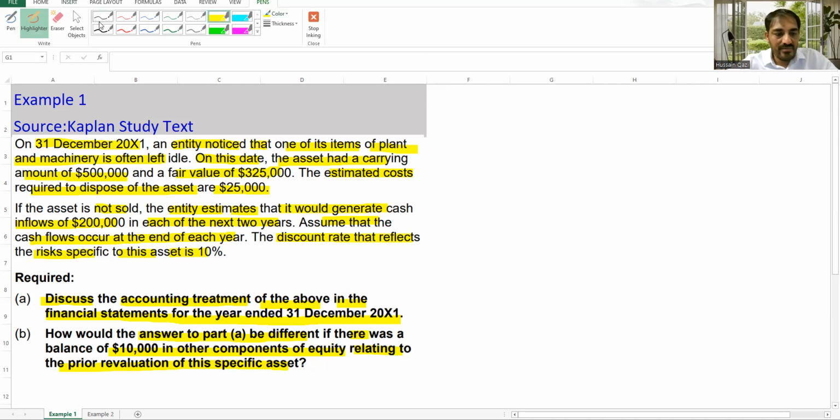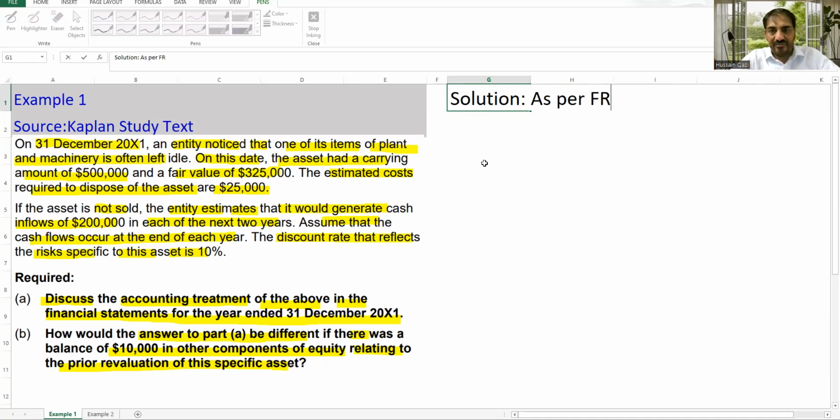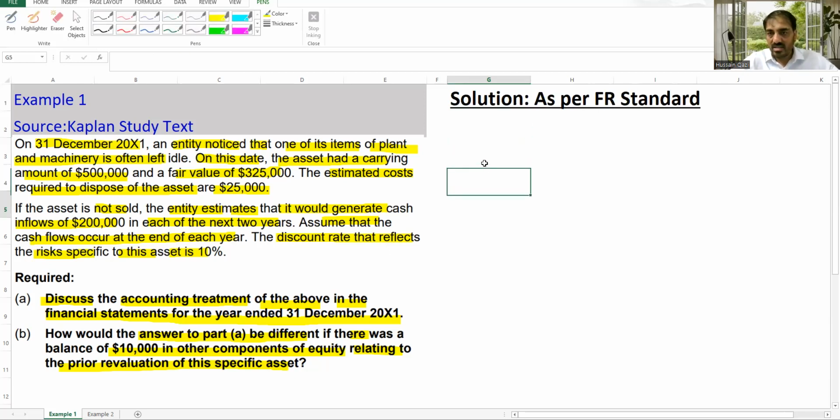If this question is attempted by an F7 student, let's suppose, or I can say the solution as per IFRS standards, just for your clarification, what will we do?